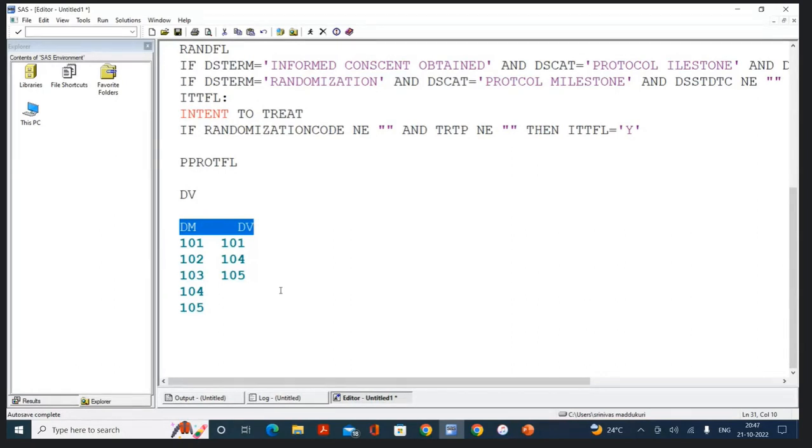What do you mean by left outer join? You should have the left table's unique information: present in the left table, not in the right table. That is called left outer join. Remember, A and not B, we have discussed this one. Yes, sir. So if the subject is present in the DM domain, and that subject record is absent in the DV, then we can say PPROTFL is equal to Y.